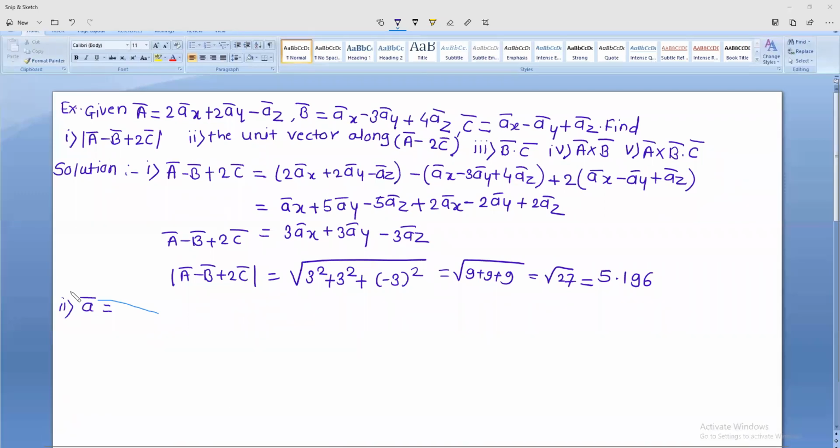Means here no any vector I am writing, not a bar, not b bar. Means unit vector is equal to that vector divided by its magnitude. If we consider vector b bar, then you can write it as b bar divided by mod of b bar. But here what is given? Find the unit vector along this term, that is a bar minus 2c bar. Means we are considering this as one vector. So any unit vector is that vector divided by its magnitude.